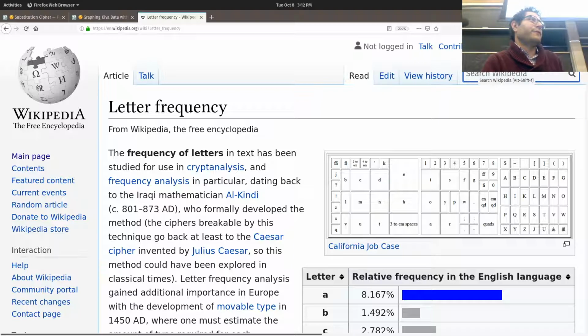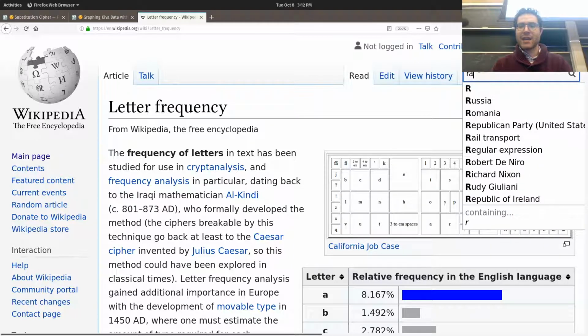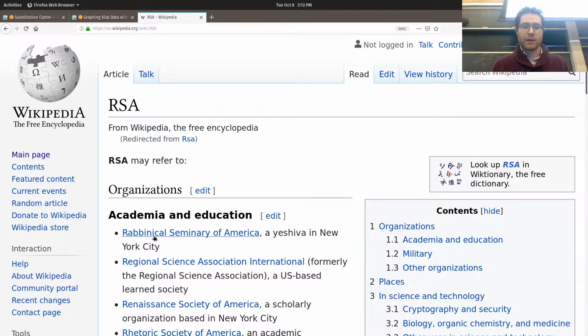Also, if you're an encryption guy making encryption algorithms, typically the way we do it these days is that we subject them to peer review. We say, okay, RSA is one of the most popular encryption schemes out there.